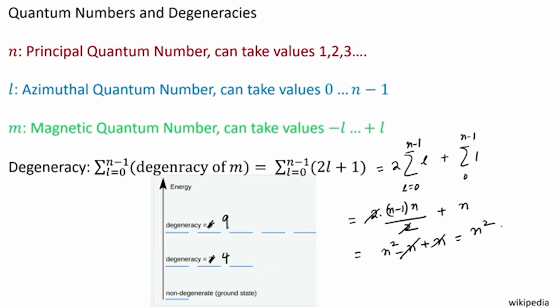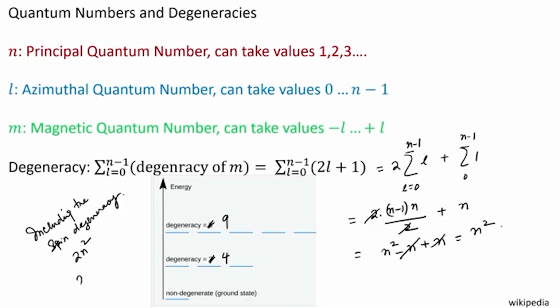As you go to larger values of n, the degeneracies increase as n squared. So, including the spin degeneracy, we have this as 2 n squared.